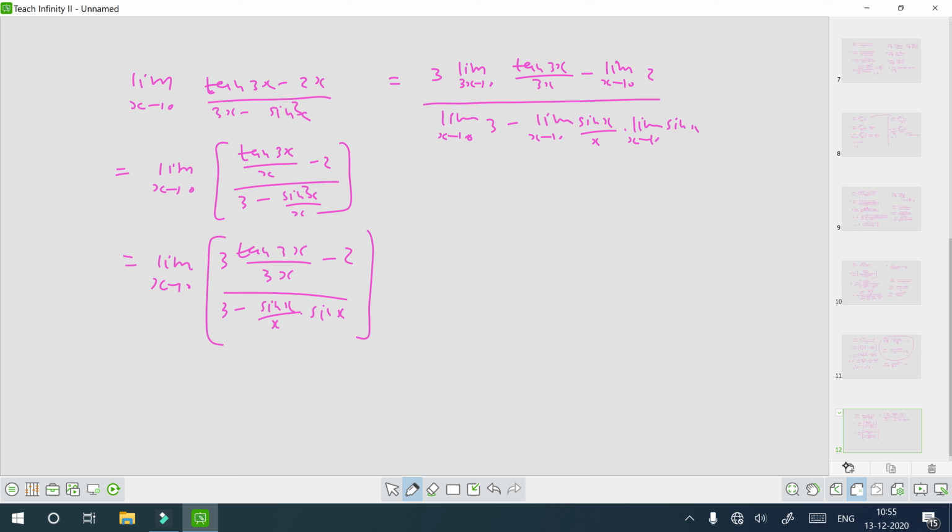Clear? Now that comes out 3 into 1 minus 2 over 3 into 1 into 0. So 1 by 3 is the answer. So dear friend, this ends the limit. Next time we are going to see simple differentiation.